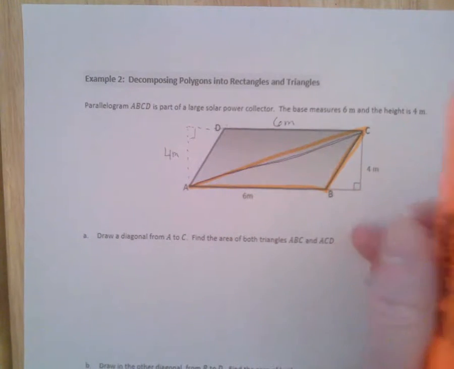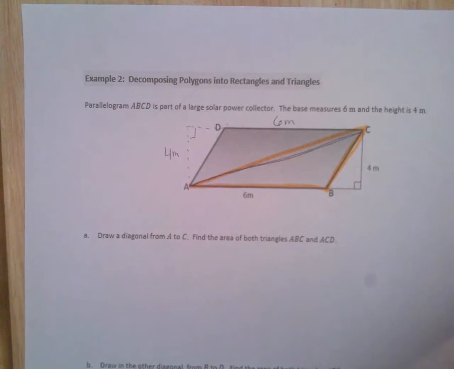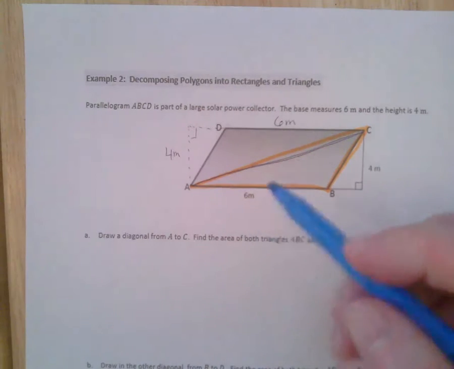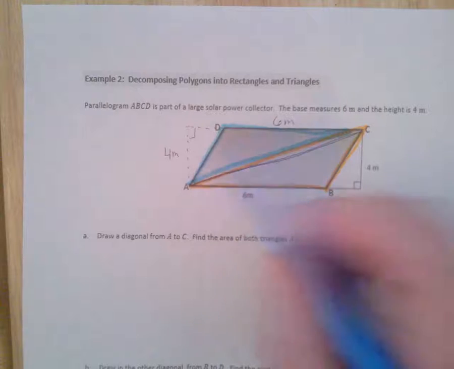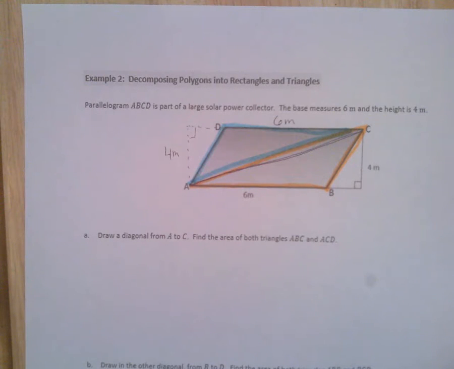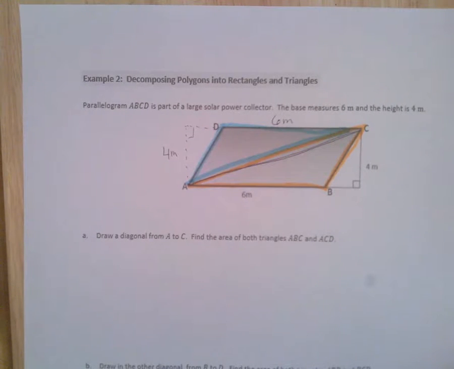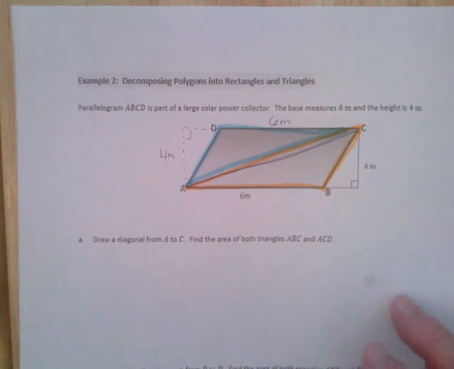So this triangle. And the second triangle that we made is ACD. These two triangles are congruent, which simply means they're equal. Now we can find our area of both of these triangles.